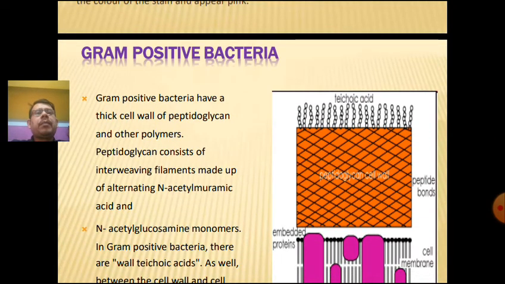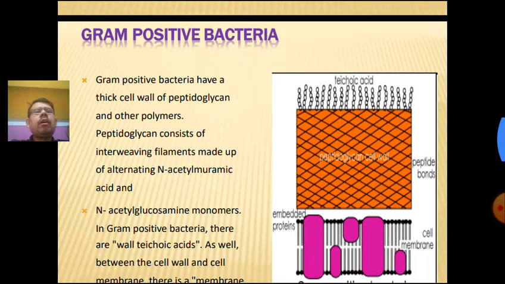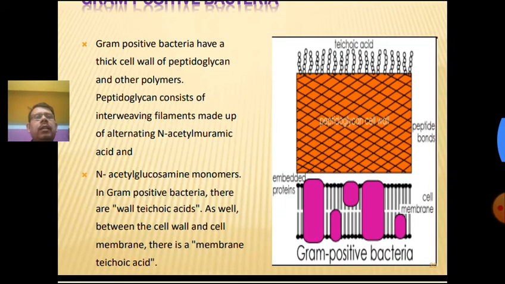Gram-positive bacteria have a thick wall of peptidoglycan, with polymers of interwoven filaments made of alternating N-acetyl muramic acid and N-acetyl glucosamine monomers. In gram-positive bacteria there is also teichoic acid. Peptidoglycan is the main chemical component in the thick wall, as well as between the cell wall and cell membrane.